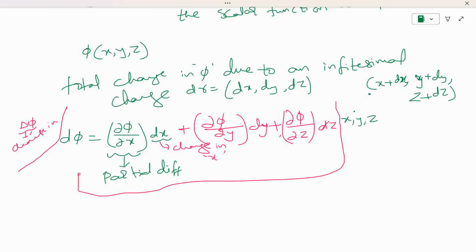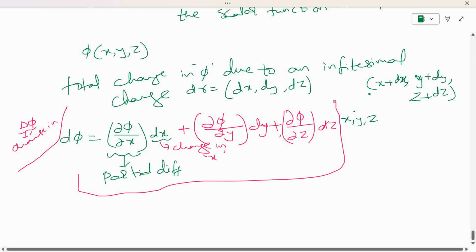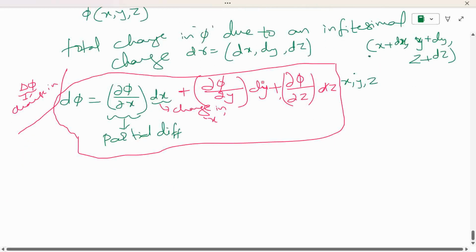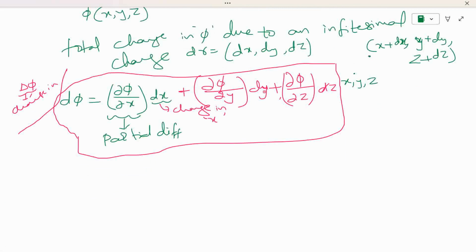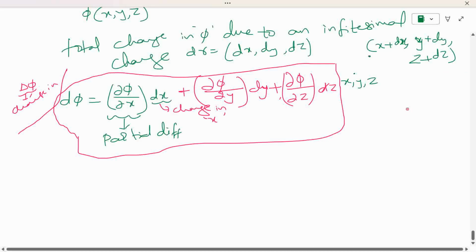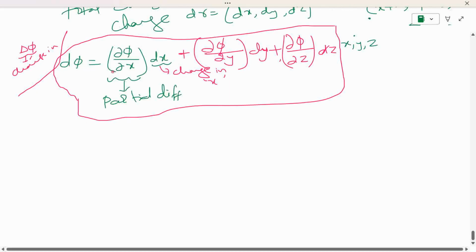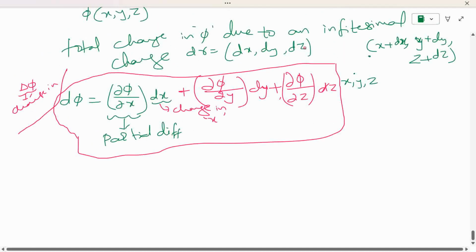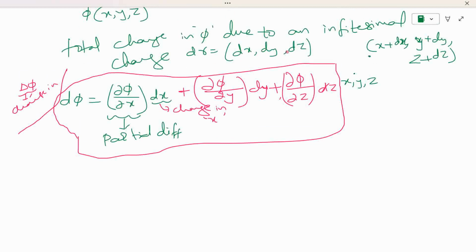This is the thing that we calculated. So we have calculated this d phi, the change in phi due to an infinitesimal change. Suppose it is only due to dx, and dy and dz are 0 and 0.